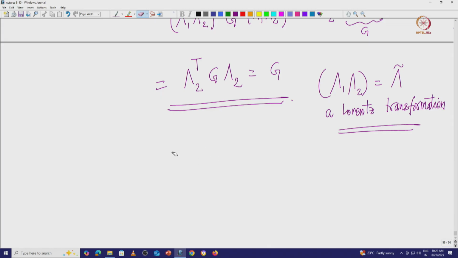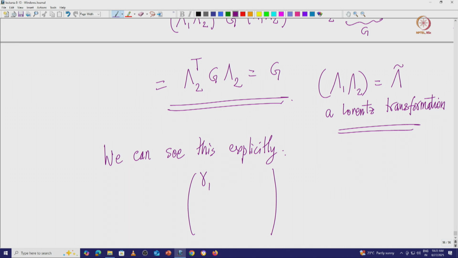One can see this explicitly, but that is not needed essentially.